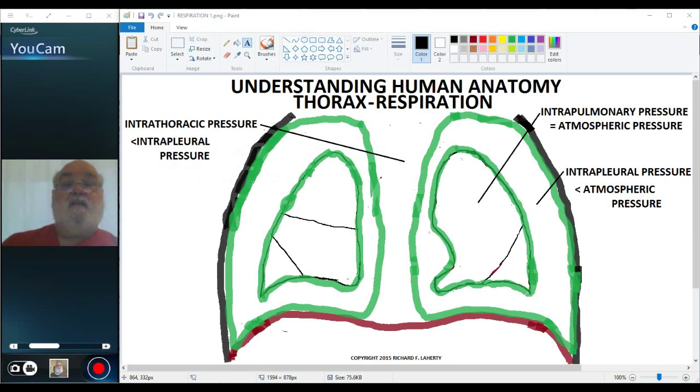If intrapulmonary pressure is greater than intrapleural pressure, then the greater pressure in the lungs will force the lung to move up against the parietal pleura.